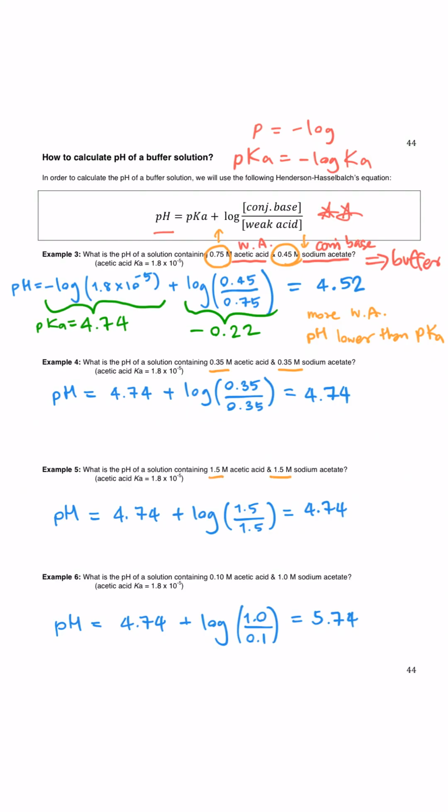And when the weak acid equals the conjugate base, the pH will equal the pKa. As explained earlier, when the concentrations of acid and base are the same, log of 1 equals 0, therefore pH equals pKa. For example 6, we can see that we have more of the conjugate base than the weak acid. In this case, when we have more conjugate base, the pH will be higher than the pKa.